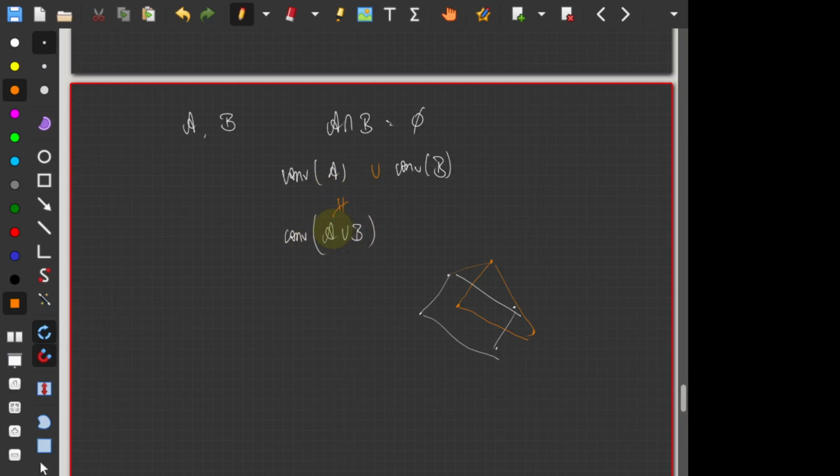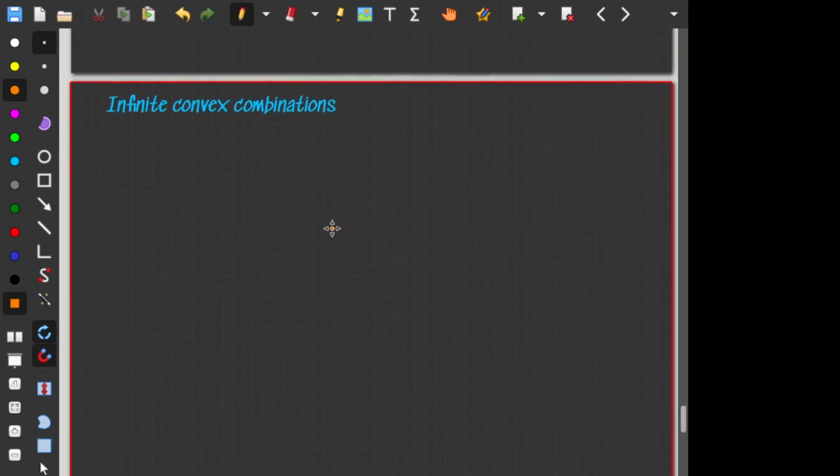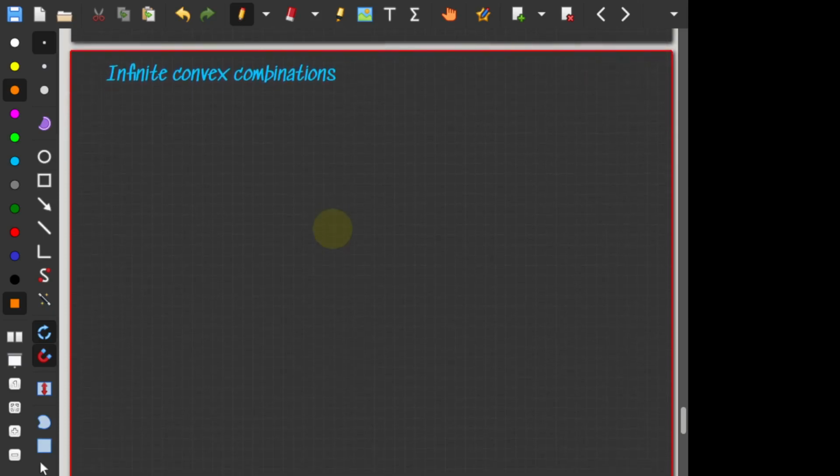Okay. All right. So one last point. This notion of convex combinations is sometimes generalized to more than just finite combinations, right?